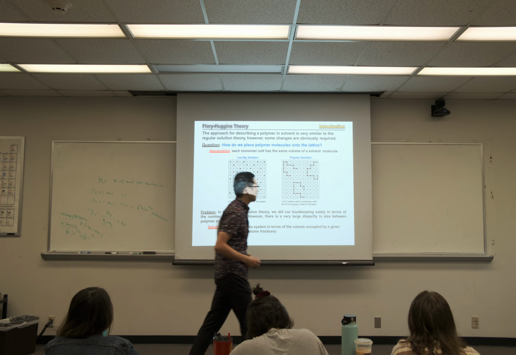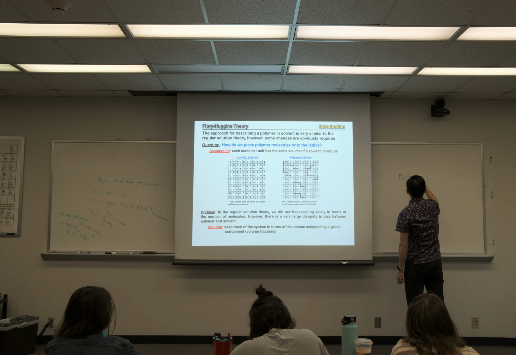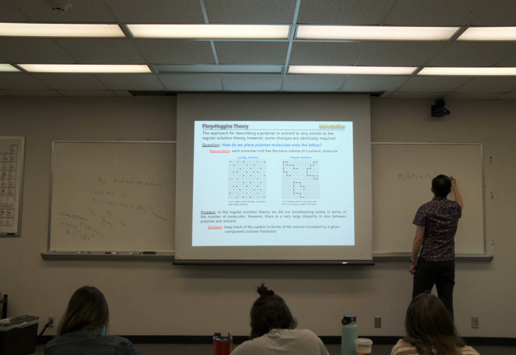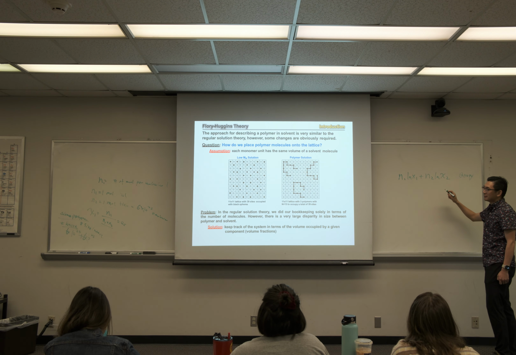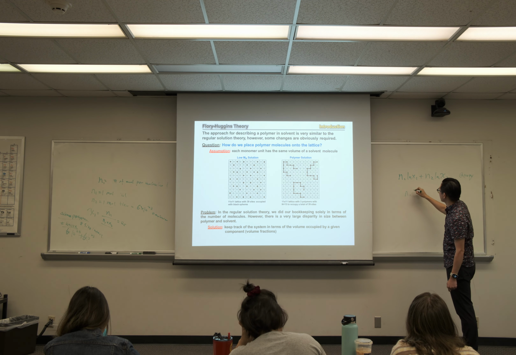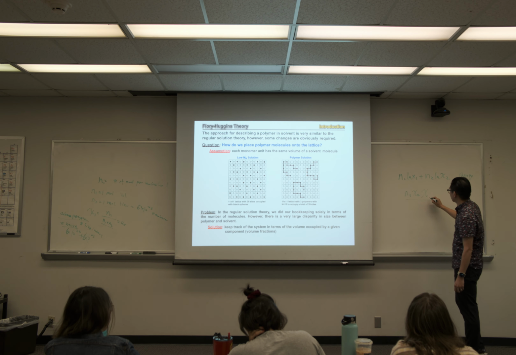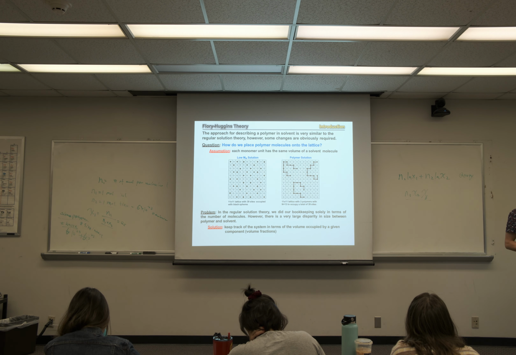Can we still use the equation we have? So this was the entropy, right? And this would be the enthalpy. This is a chi, and this would be the enthalpy term.